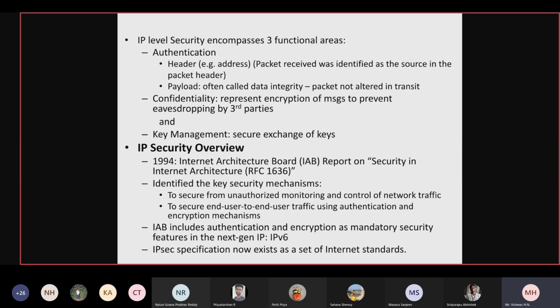We have completed. Yeah, IP security basically has three functional areas, students: authentication and confidentiality. Any security protocol you take, authentication and confidentiality will definitely be there, no doubt in that.